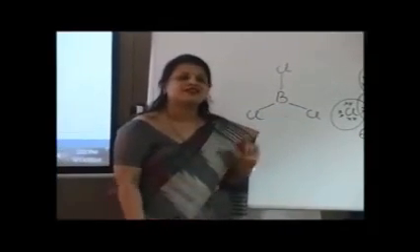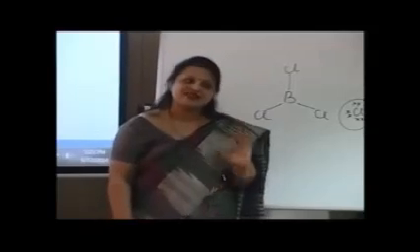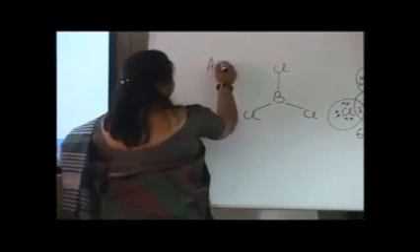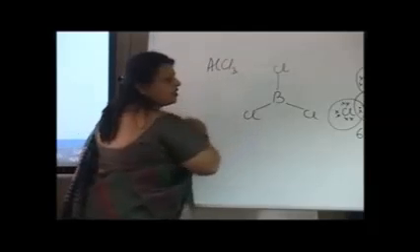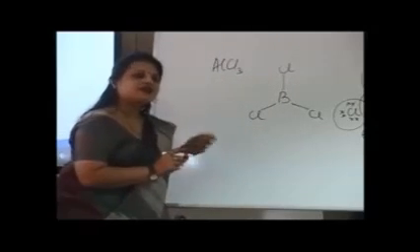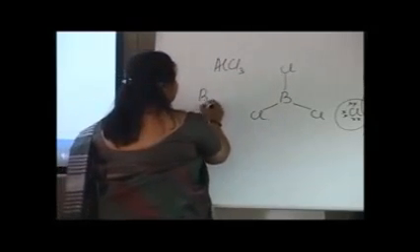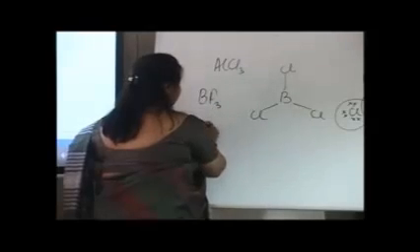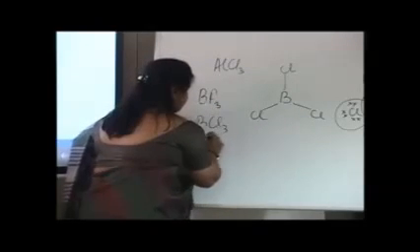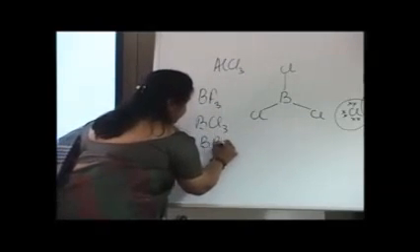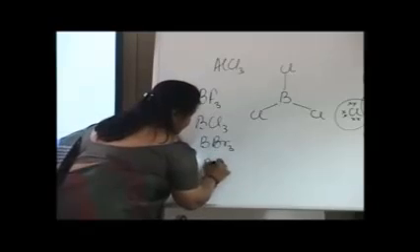That is, it is electron deficient. Same is the case with aluminium chloride. Same is the case with the other boron trihalides like BF3. If I just write down the complete series, BBr3 and BI3.